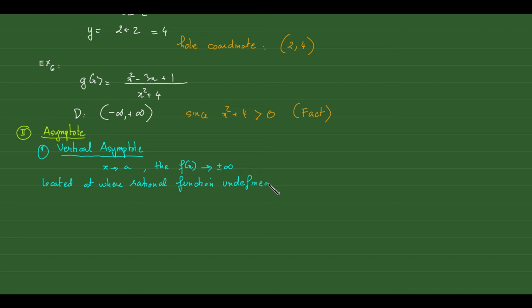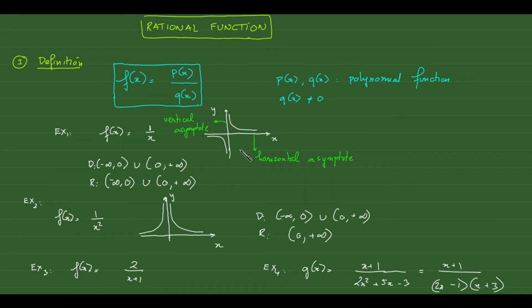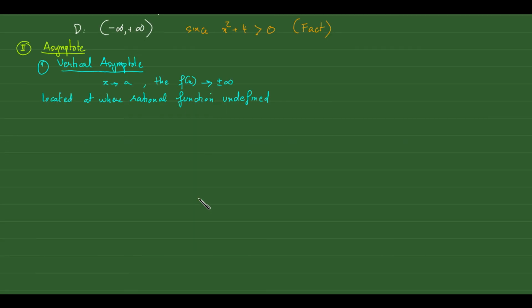Now let's go back to one of the basic rational functions right over here. The rational function over here is not defined at 0. So the vertical asymptote is right there: x equals 0. In some cases, if the function is defined everywhere, then we don't have any vertical asymptote. Now, how are we going to find a vertical asymptote?